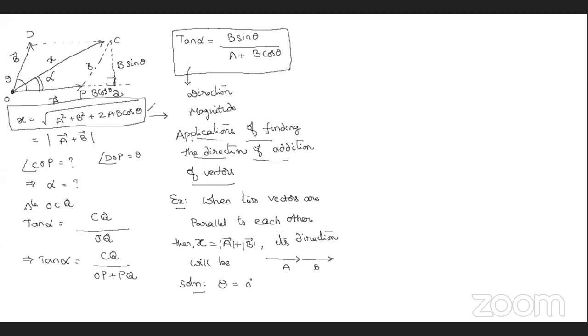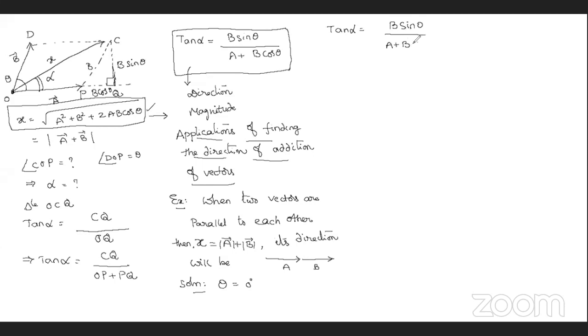So look at that formula, Nana. Tan alpha equals to b sin theta, where theta is 0 degrees, by a plus b cos theta.